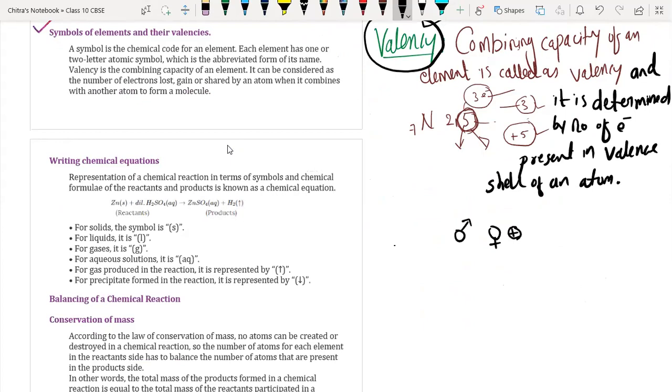So various symbols were used in the old time to represent different elements. But when elements were discovered in large numbers, it was not possible to describe and remember the symbol of each element. That's why they started naming the elements, like they named the first element hydrogen.